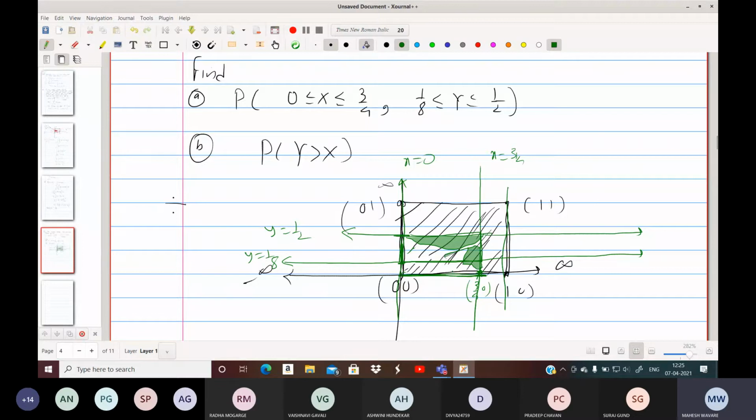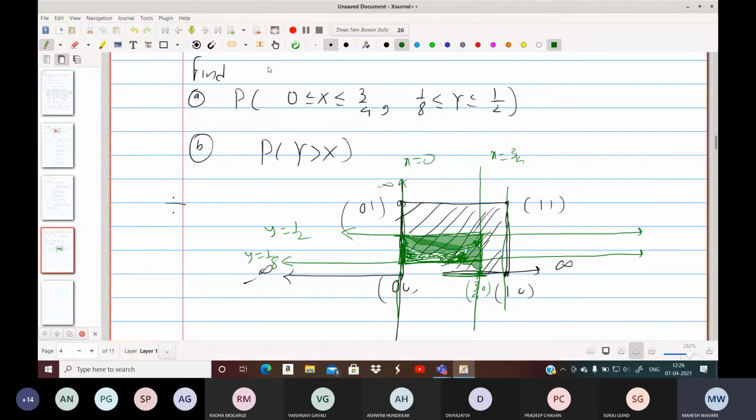Okay, I will draw. You understand this is the region of integration. Forget about this extra part.